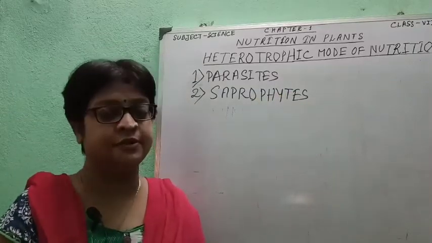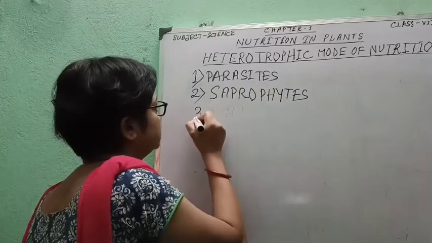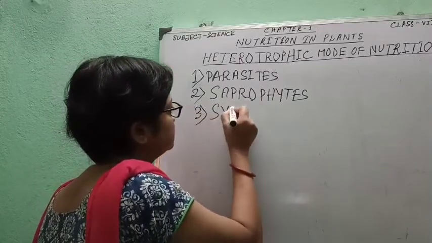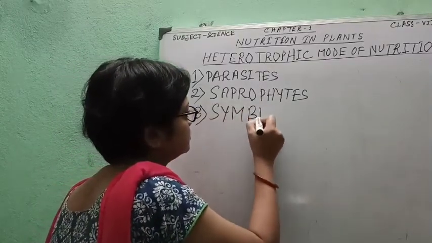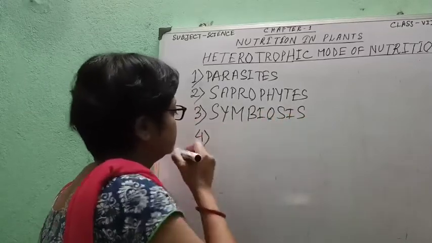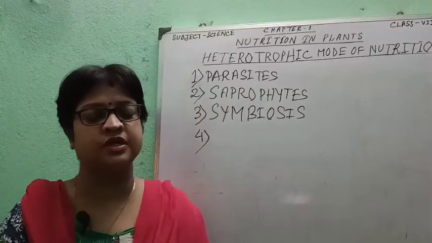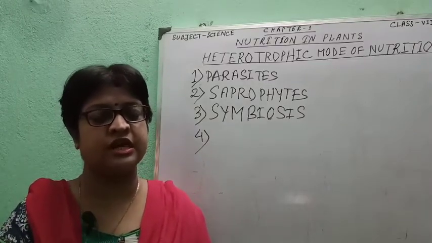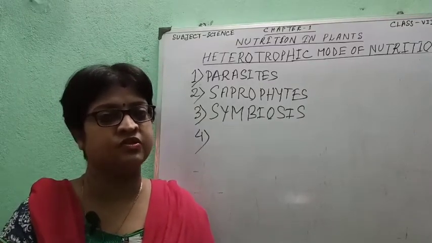Third one is symbiosis. And the last and fourth one is insectivorous plants. We'll discuss them over here.